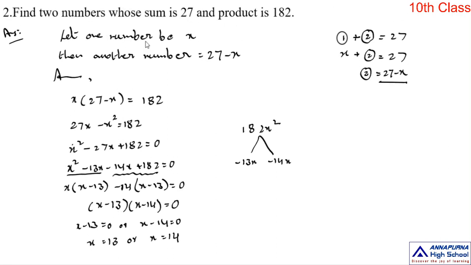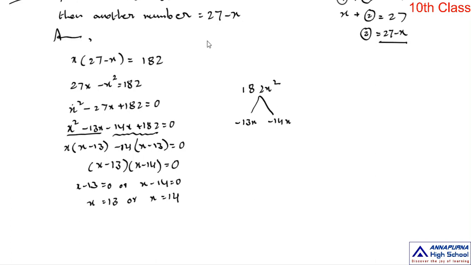So what is x? Out of the two numbers, one number is x. So we consider these two solutions. If x is equal to 13, then the two numbers are 13 and 27 minus 13, which is equal to 14.